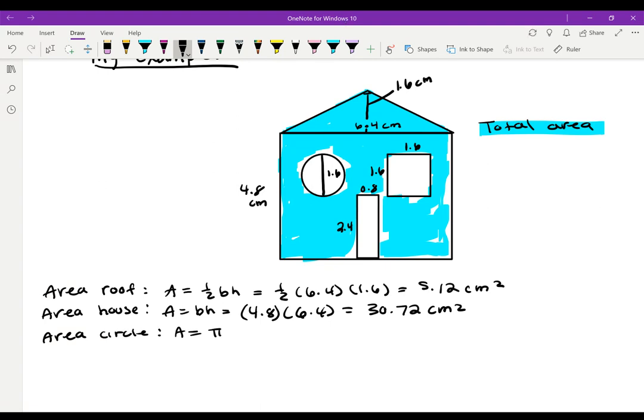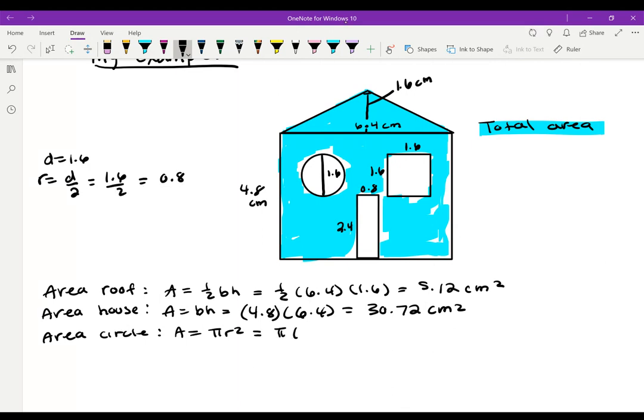Now I'm going to get the area of the circle. Area is equal to pi r squared. Since our diameter was 1.6, let me write this. D is equal to 1.6. Radius is equal to diameter divided by 2. So 1.6 divided by 2 is 0.8.